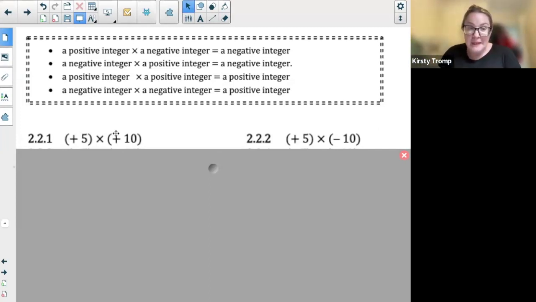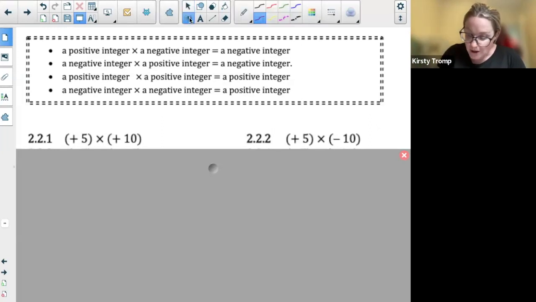Well, we know a positive times by a positive gives you a positive, hey? So when I do these, I always say to myself, I always look at the sign first, and then I look at the numbers. So I've got a positive and a positive. I know I'm going to be left with a positive.